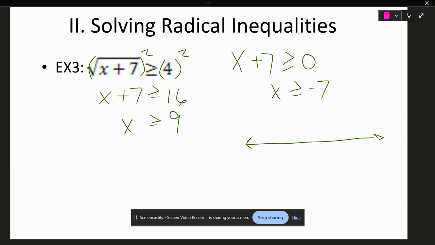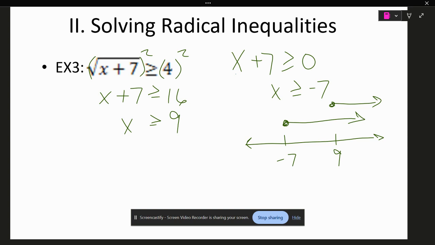On our number line, we want to place both of our results, our domain results and the actual result that we got whenever we were solving. So negative 7, closed circle, and everything's greater than. And then on down the line, you'll have 9. Again, closed circle, and everything that is greater than.